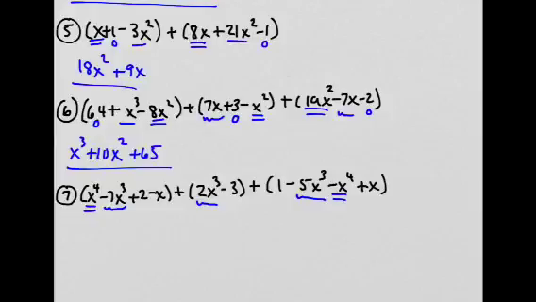And then minus 5 again, so that's negative 10. Squares, there are no squares, and x, there are 2 x's. There's this one here and this one here, but they cancel each other out, so there's no x in the final answer. And then constants, I've got the 2 here, the minus 3 here, and the 1 here, so that's negative 1 plus 1, that cancels out. So this is your final answer.